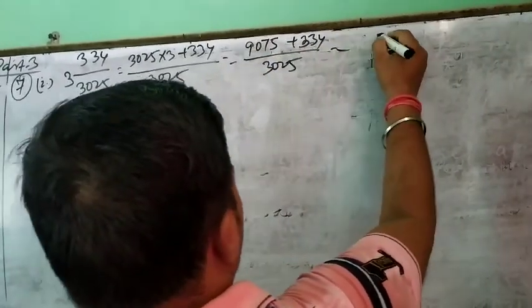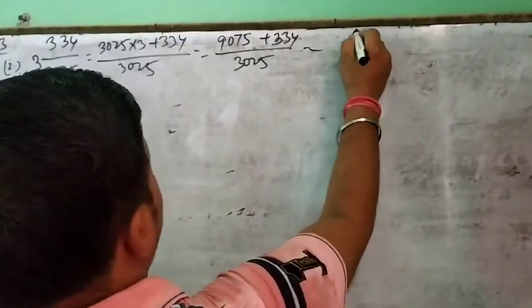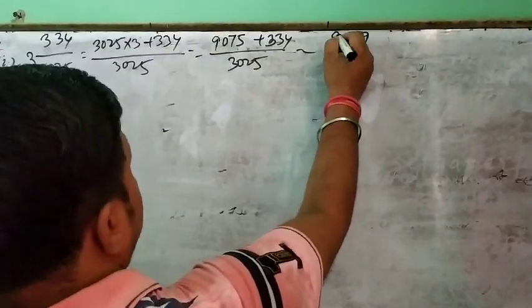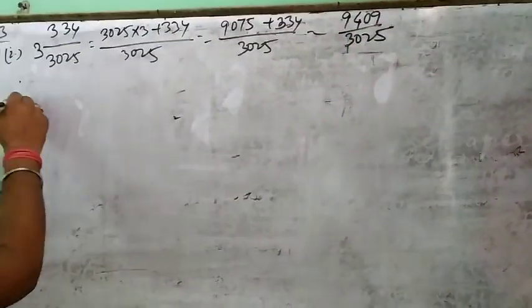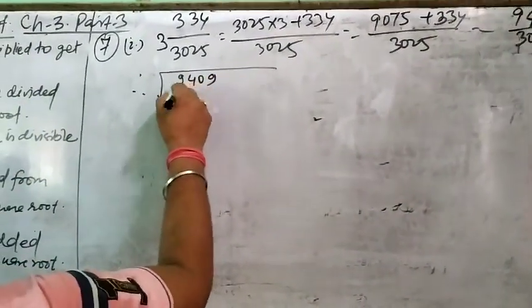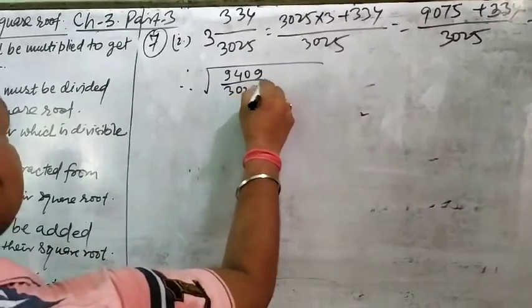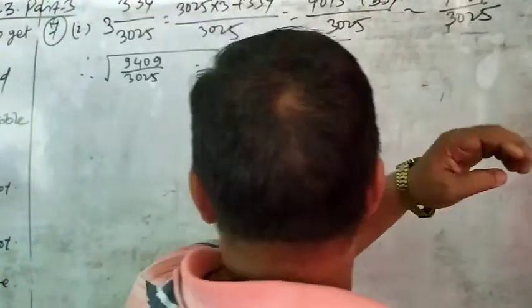So it should be written as 9409 by 3025. So the square root of 9409 by 3025.